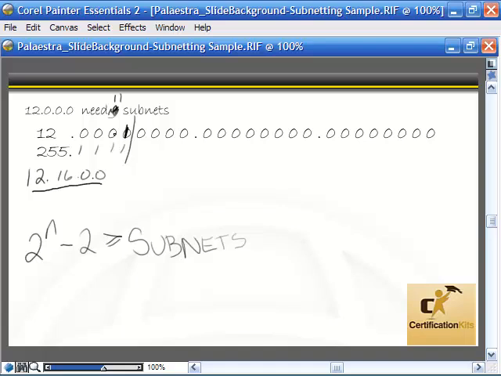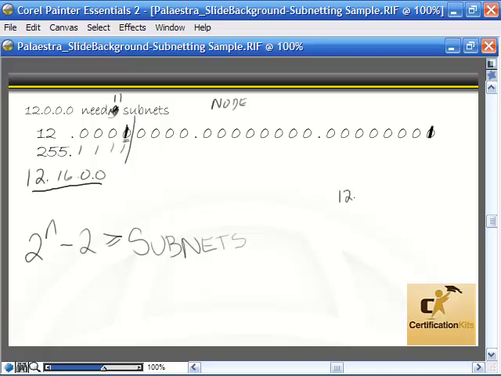So here's 12.16, this is the 16 value right here turned on, and here's the node portion of that address. So all we have to do for the very first IP is turn this value on right here. So all zeros and a 1 is the very first valid IP. We can't have all zeros in the node portion because that's the actual network address. And we can't have all 1s in the node portion because that's the broadcast.